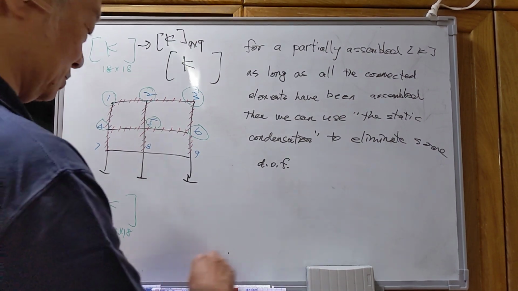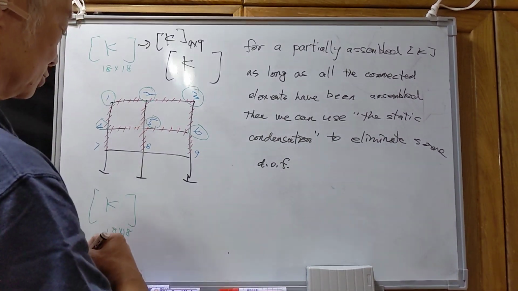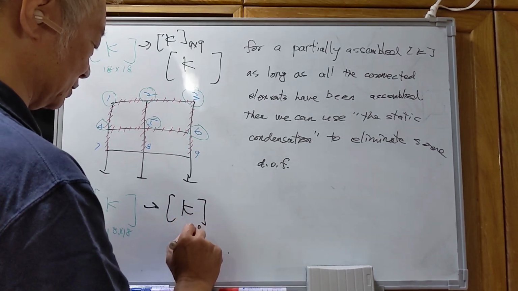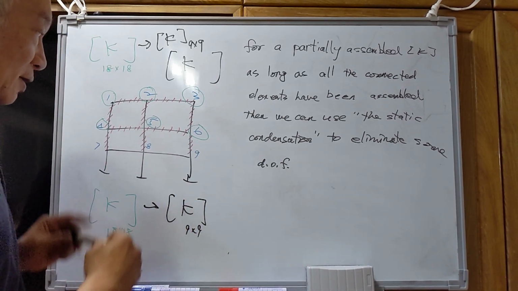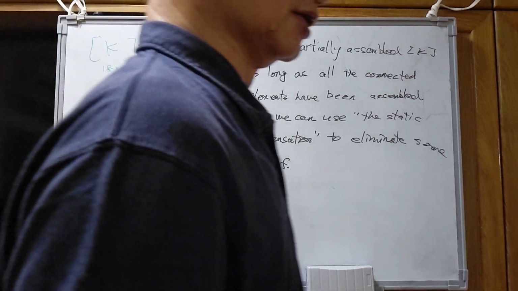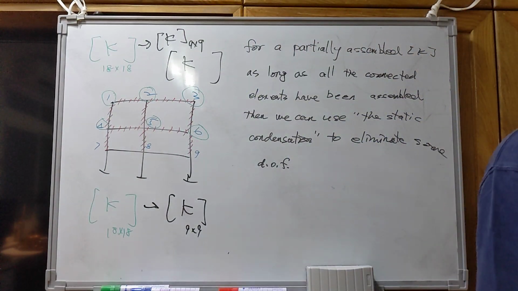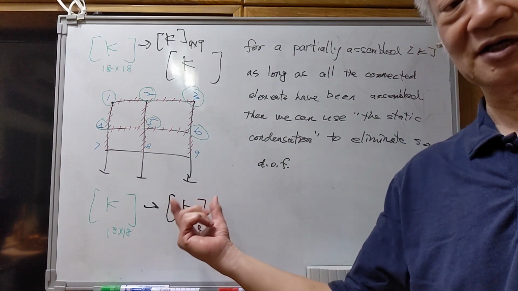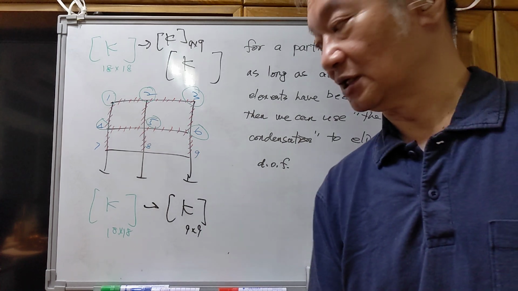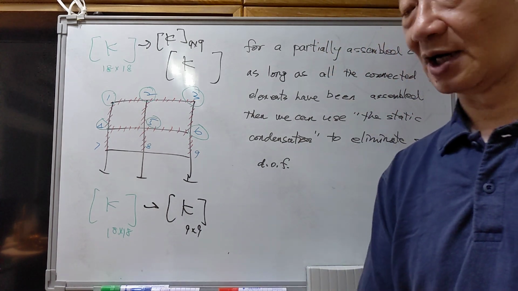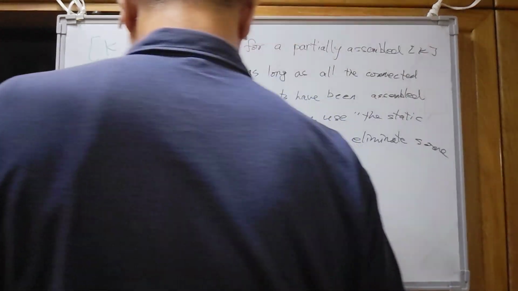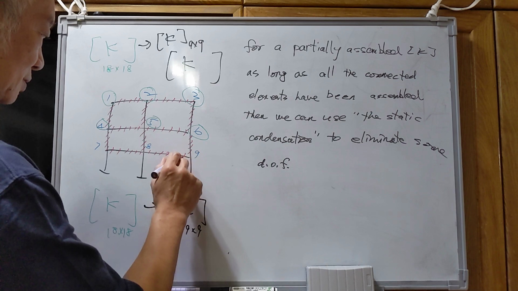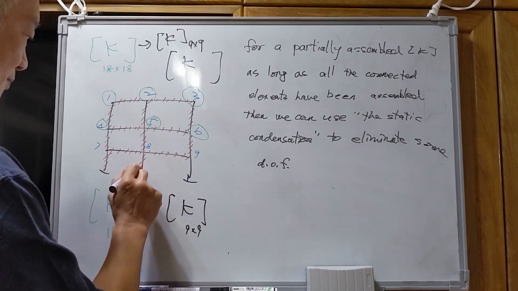So the K matrix will be changed to a 9 by 9 again, since we can eliminate the degrees of freedom related to nodal points 4, 5, and 6. Then the next step, we will assemble the beams, the columns.